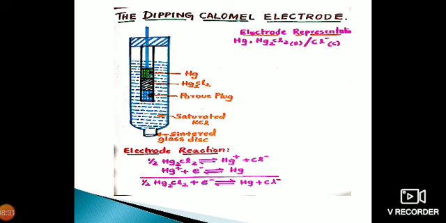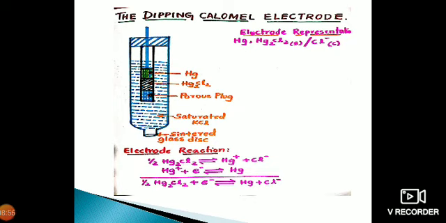Thus, a galvanic cell is set up and its EMF is measured with the help of a voltmeter. So you can write down the electrode reactions. Before that, you can check the electrode representation: Hg, Hg2Cl2 solid, bar Cl minus, whose concentration is known to us.